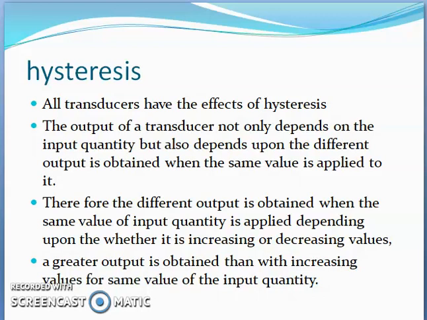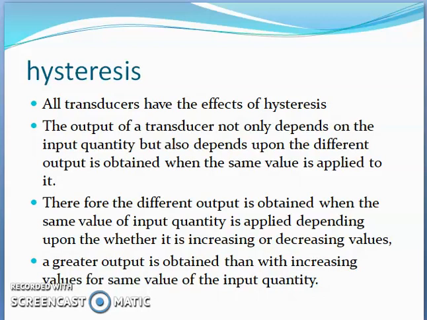Suppose we increase the input value from 0 to 50, we will get an output, and if we draw a graph, we get a curve. But now, if we are decreasing the value from 50 to 0, the full scale range to the lower range value, we are not getting the same value. That is called hysteresis.